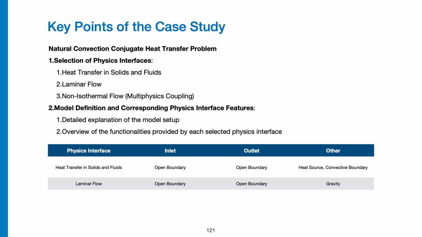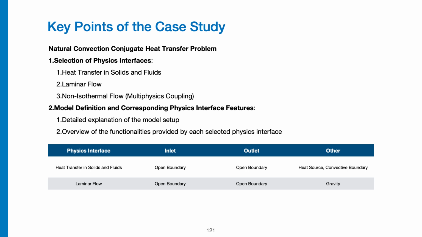First, the choice of physical structure. For this type of problem, we need to select the solid-fluid heat transfer model. Because it involves both fluid and solid components, such as the chip and the circuit board, we need to select the solid-fluid heat transfer model.